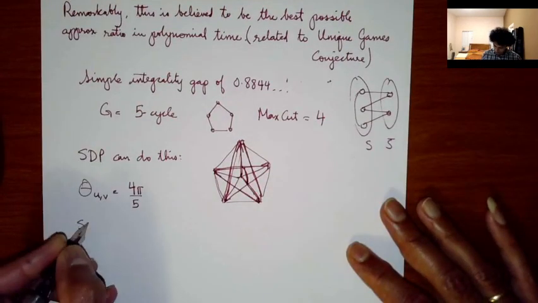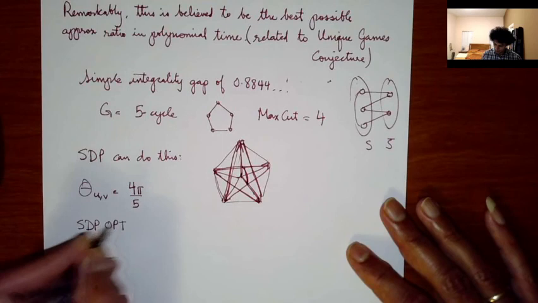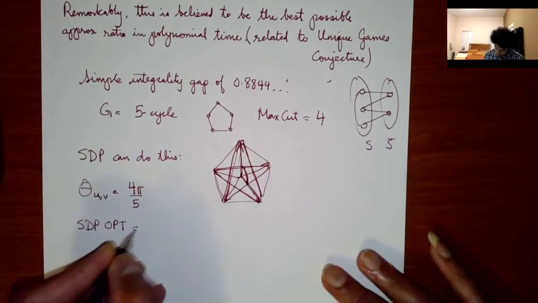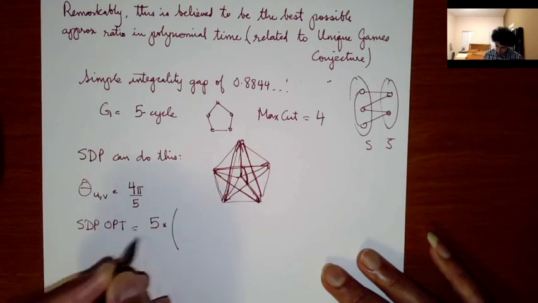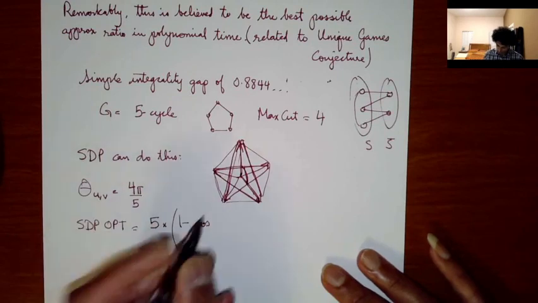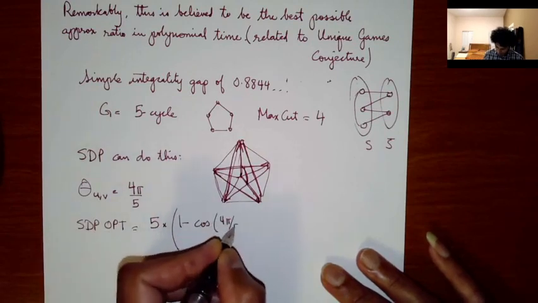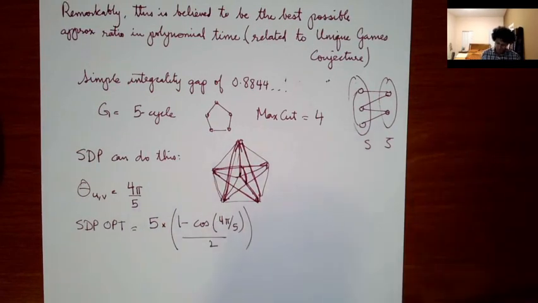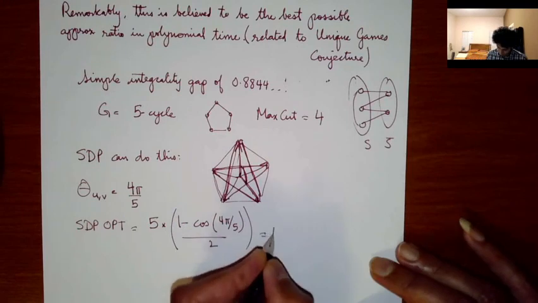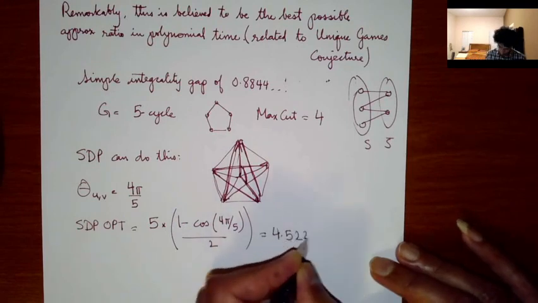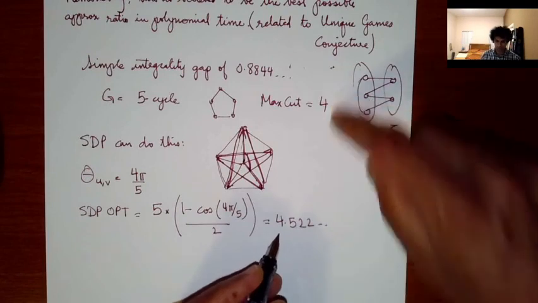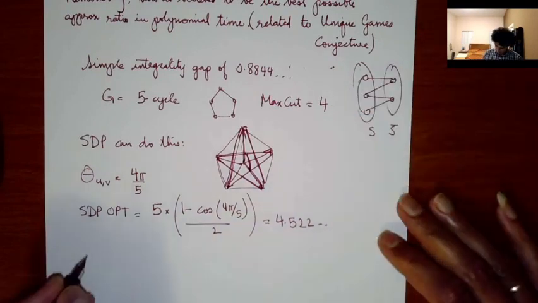And the SDP opt, because it gets this for all edges, is essentially going to be something like, for all the edges it gets (1 minus the cosine of 4 pi by 5) divided by 2. So the SDP opt you'll get is something like 4.522, so on and so forth. So the integrality gap is the ratio of these quantities.